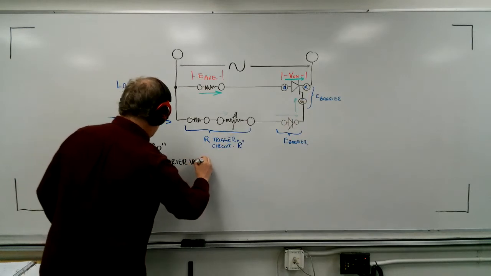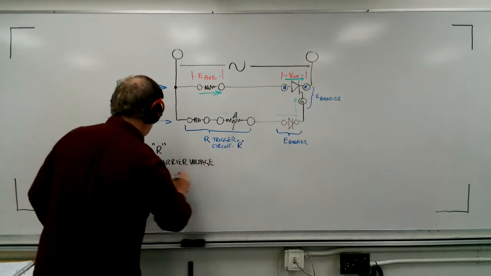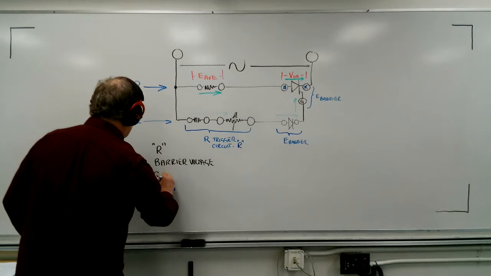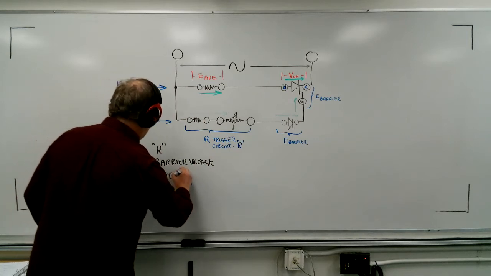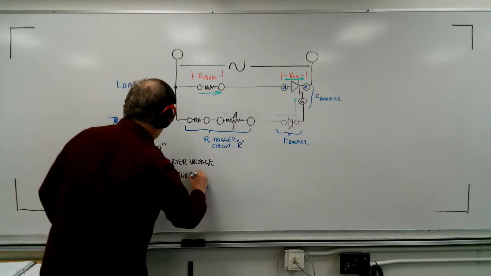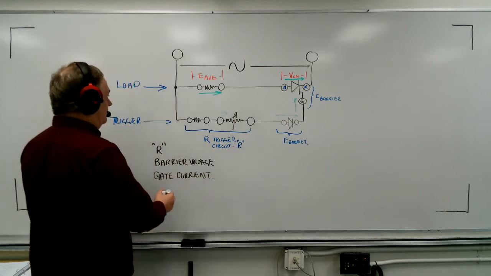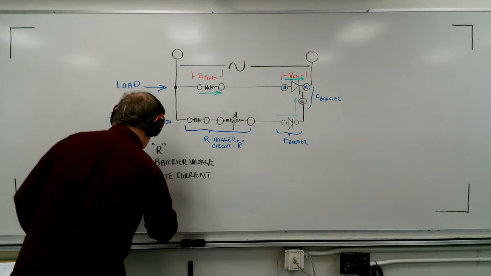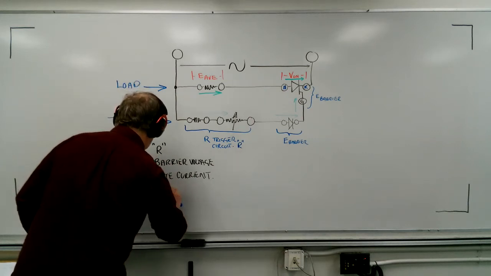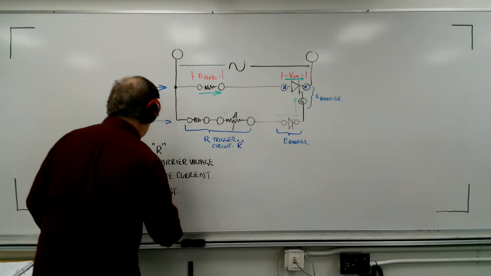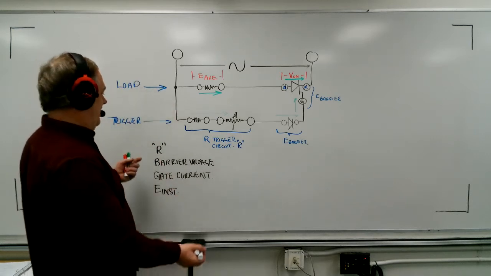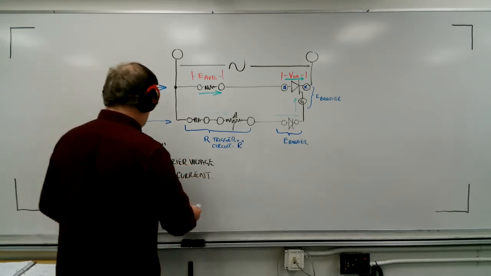Barrier voltage. We need to consider gate current. Gate current is important. We need to be able to use our E instantaneous formula, because we're going to use that depending on where the firing angles are, right?